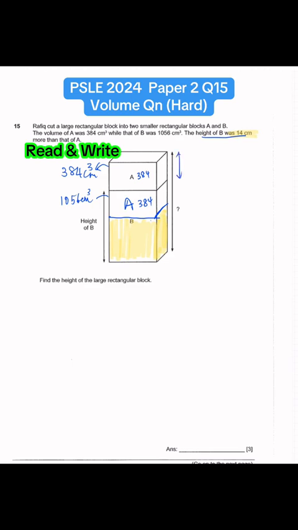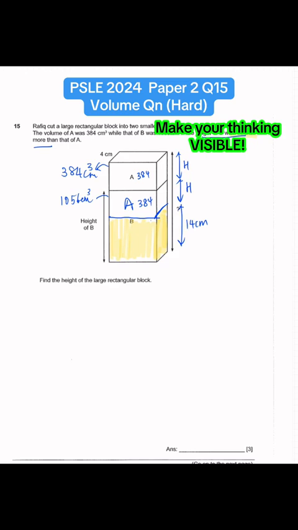Let me just rewrite. This will be H. These two blocks of A are now H, and the one at the bottom is 14 cm taller. If I were to illustrate this on a model, because children actually learn model drawing skills from as young as primary 1, A would have a volume of 384 and B would have a volume of 1056.